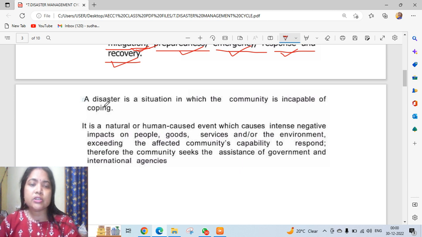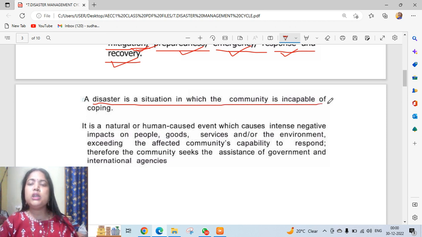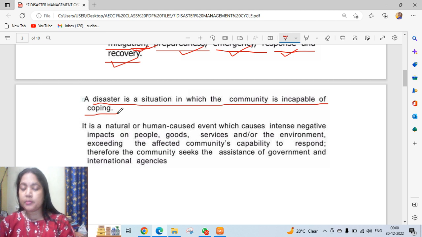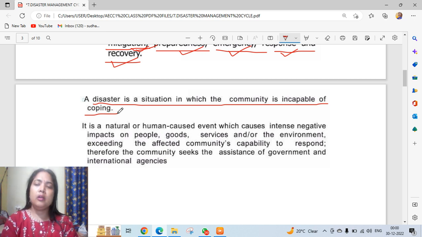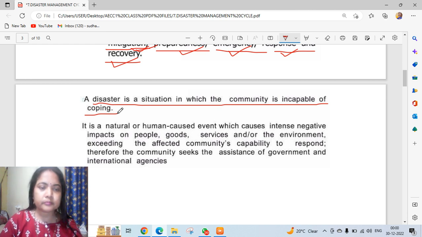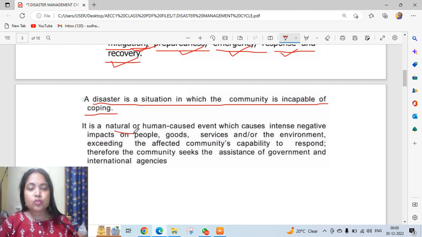So next, another definition of disaster: a disaster is a situation in which the community is incapable of coping. Means when disaster happens, the community, that means the victim people, are totally incapable of coping. Coping means cope with, means they are unable to bear that. And it is a natural or human caused event which causes intensive negative impacts.